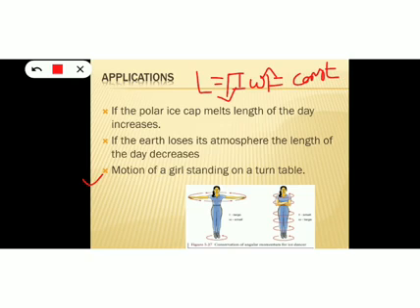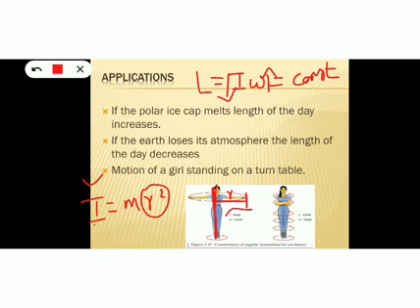See, when she suddenly stretches her arms, this is the axis of rotation. She is rotating about this axis, and her distance from the axis of rotation increases. R increases. So you know I is equal to mr square.